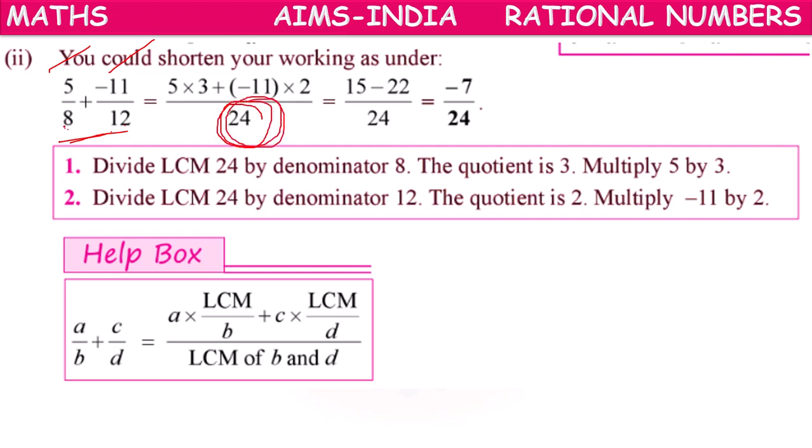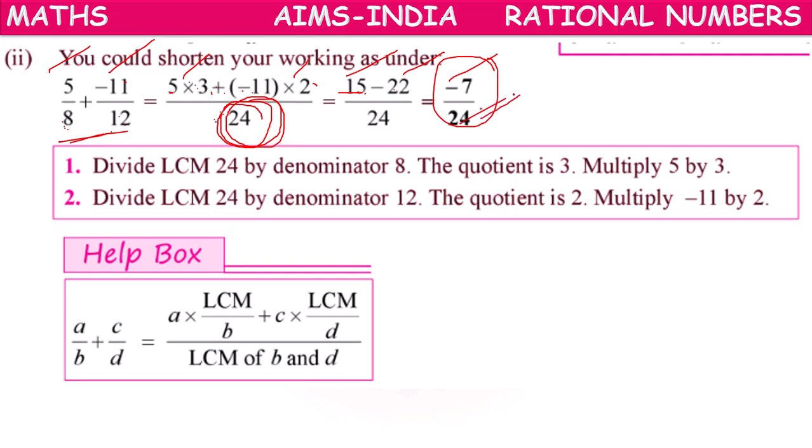While multiplying with 8, 8 times 3 is 24, so 3 into 5. While calculating minus 11 by 12, 12 times 2 is 24, so 2 into minus 11. We can simplify like this: 5 times 3 is 15, 2 into minus 11 is minus 22. Minus 22 plus 15, minus 7 by 24.